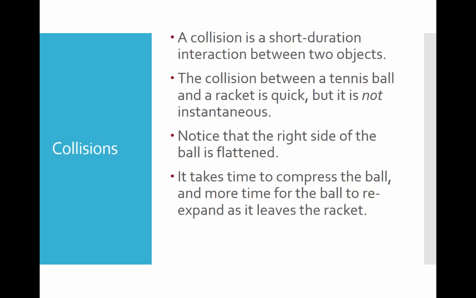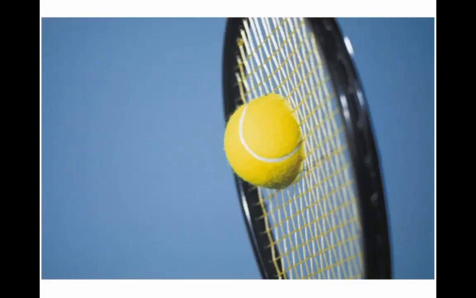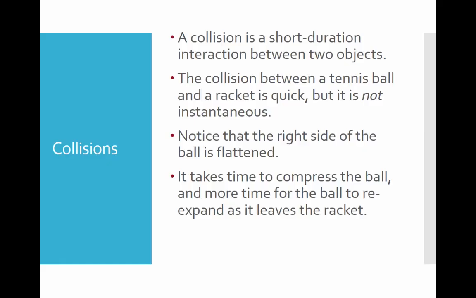But if we look closely, we see that the tennis ball and the racket deform and then go back to their normal size as they finish the collision. It takes time to compress that ball and even more time for the ball to re-expand as it leaves the racket. So let's look at that picture again.